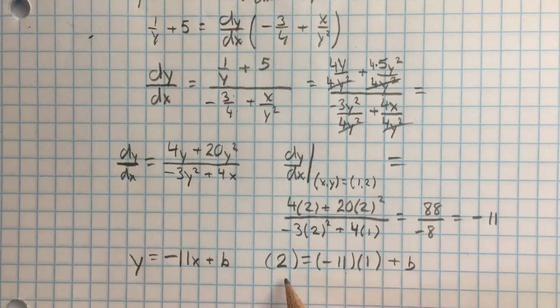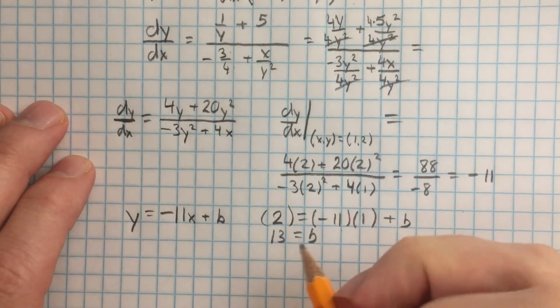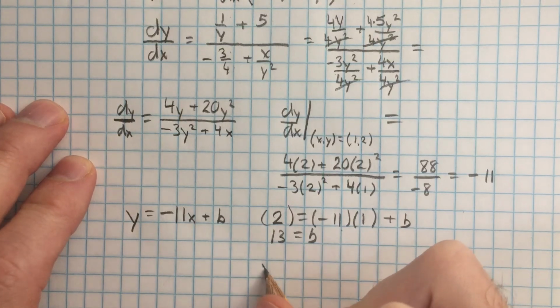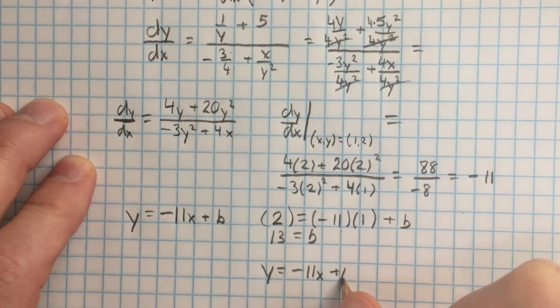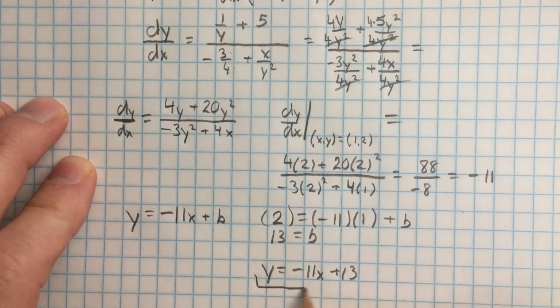Negative 11 added to the other side will be 13. So b is 13, and we have our tangent line: y equals negative 11x plus 13. There we go.